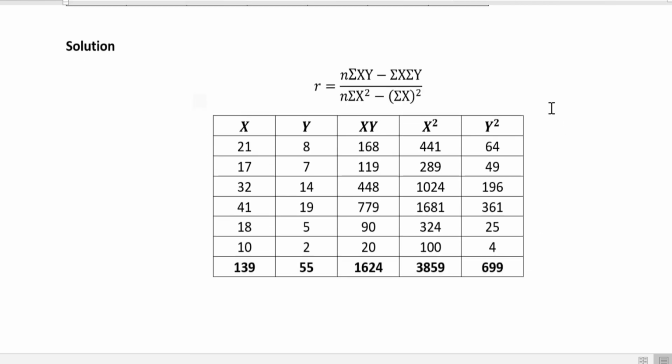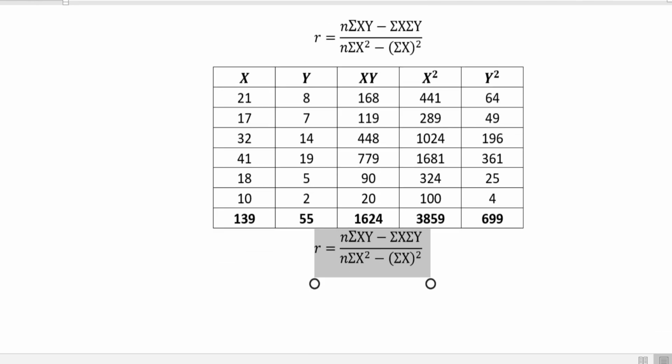When we are done with that, then we now write our formula. Say r is equal to n summation xy minus summation x summation y over the square root of n summation x squared minus summation x squared. So with that, then we substitute the figures. We shall have n, the pair of observations, and we said there are 6, times summation xy.